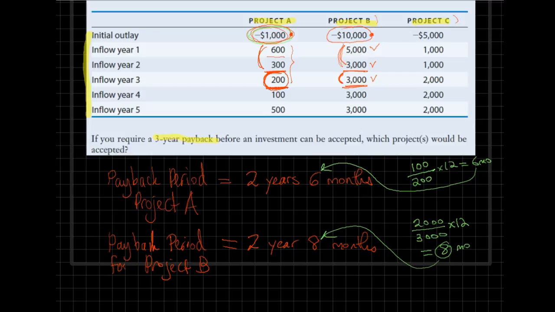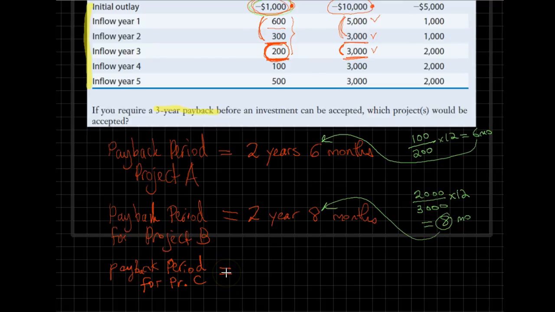Okay, now the last part. The payback period for project C is equal to, now let's apply the same logic. The initial outlay for project C is $5,000, and we can see that 1 year would not be enough, 2 years again not enough, in 3 years we can accumulate $4,000, still not enough, but 4 years is more than enough. So therefore we start with 3 years, and how many months?